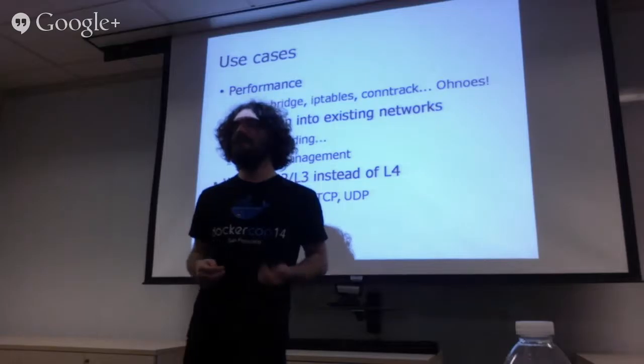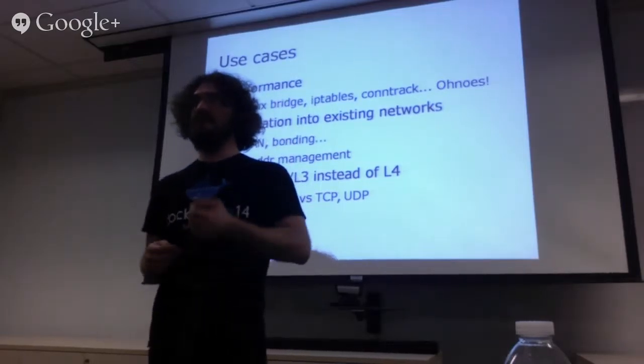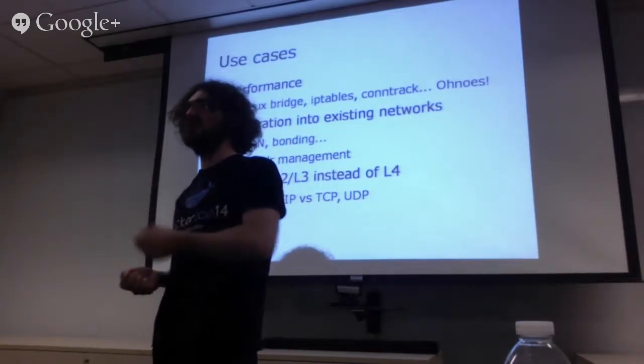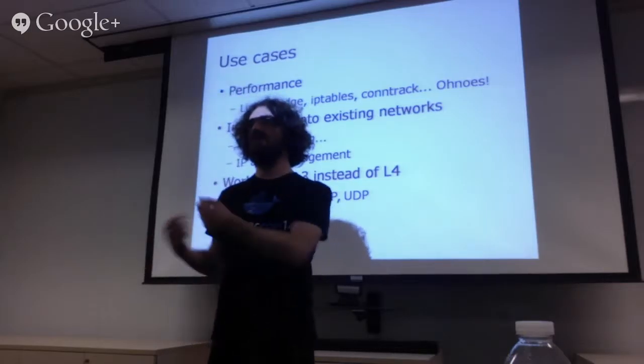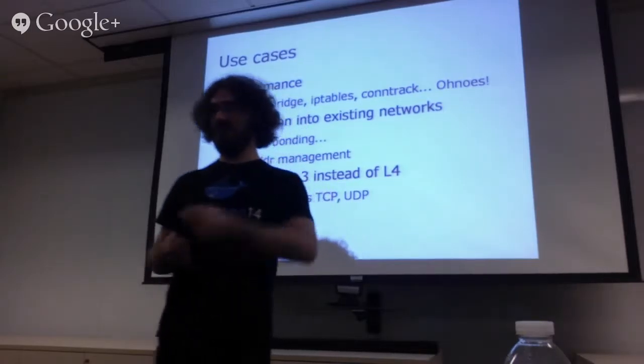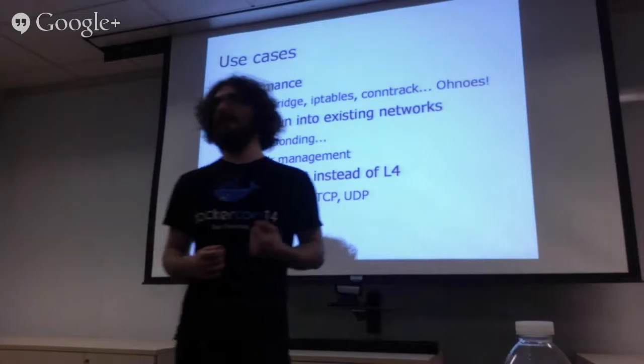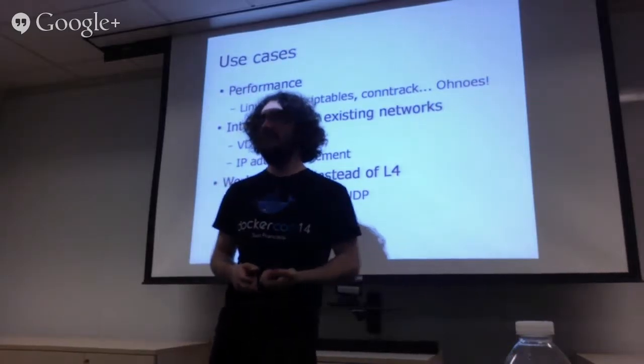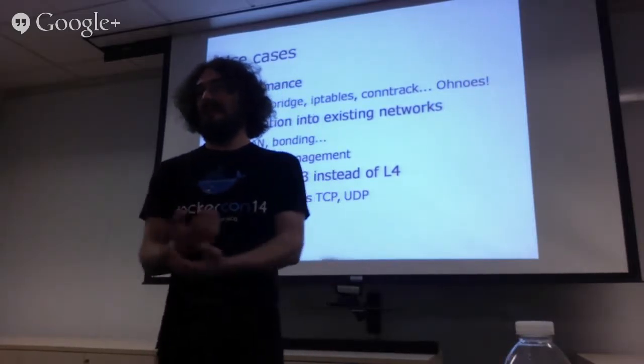Another problem is with iptables, because iptables will do connection tracking. So each time you have a new connection, you create an entry. And even though iptables is extremely fast, it's still not that fast.